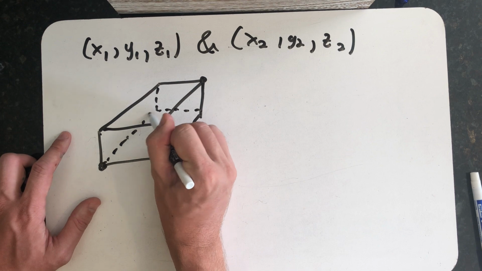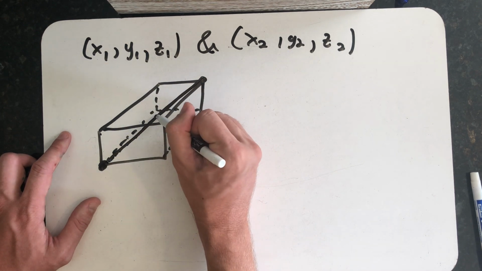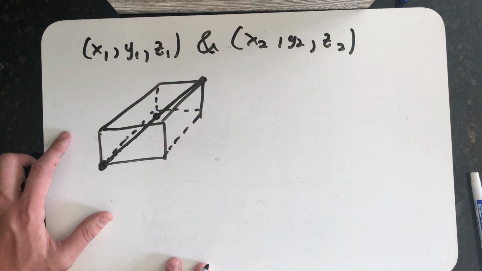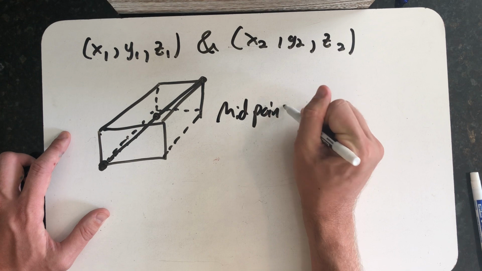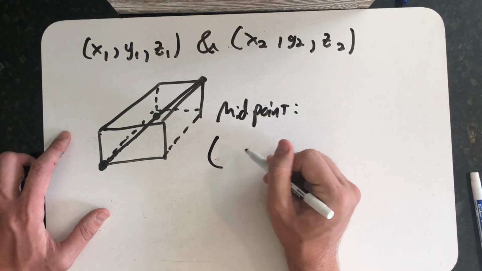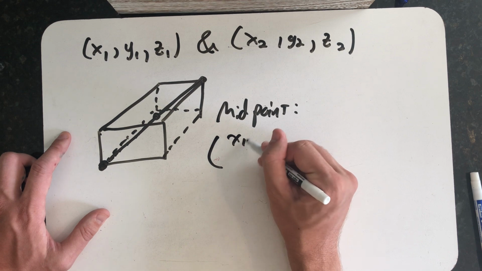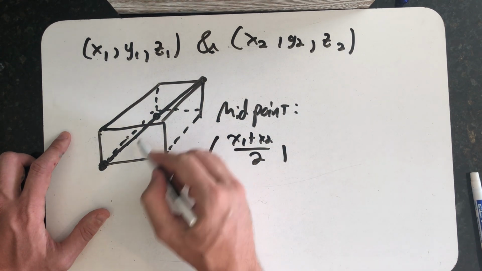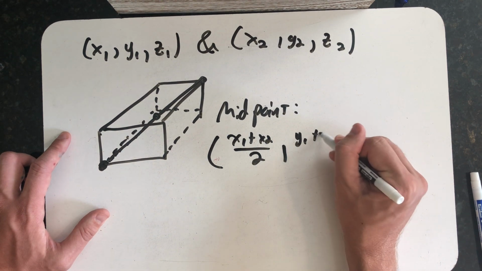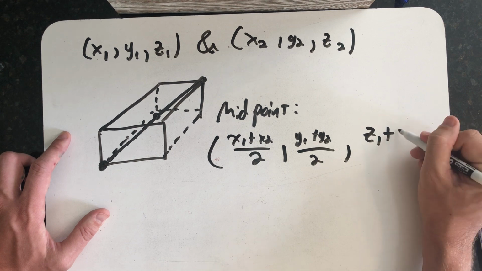I like to think about that like a shoebox. And what I'm really thinking about doing is trying to find that point right in the middle. And the way we do that is by saying, well, I need the x-coordinate to be right in the middle of the 2 x-coordinates. So I average them. I need the y-coordinate to be right in the middle of the 2 y-coordinates. And the same thing with the z's.